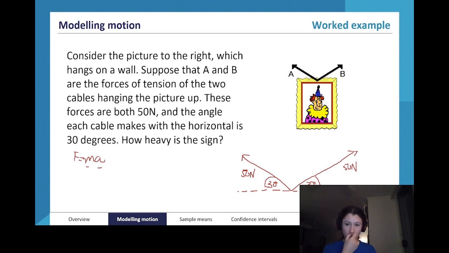There are two ways that you could do this. You could either add the I and J components of these two, or alternatively, and this is my preferred method, you can just move the vectors around and do some vector resolution.